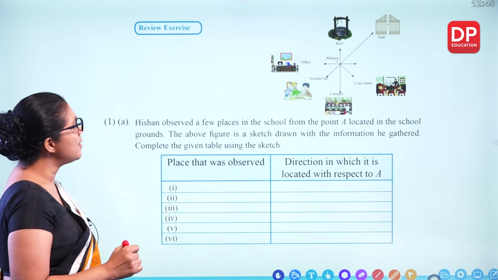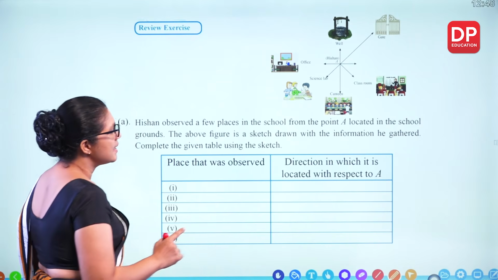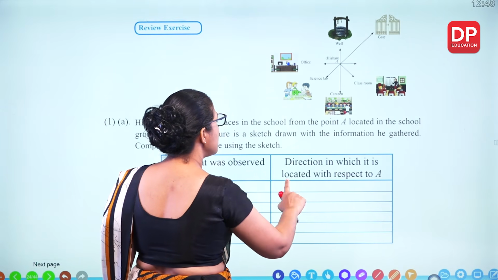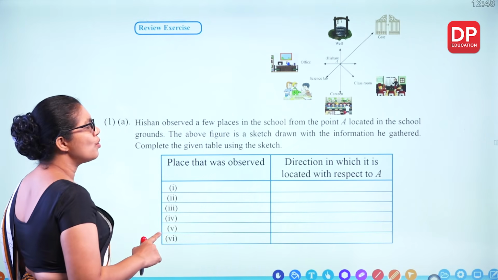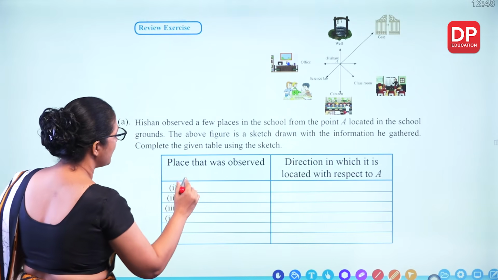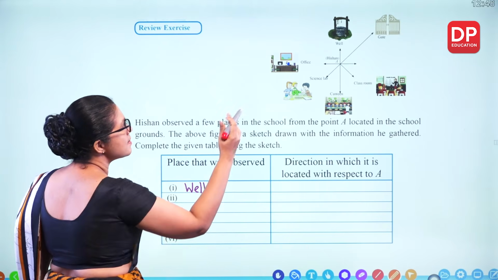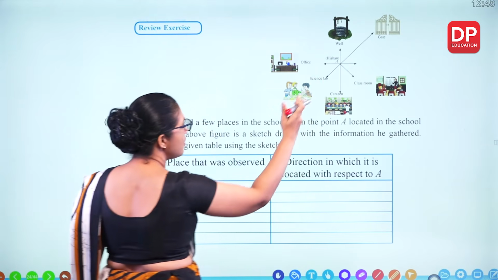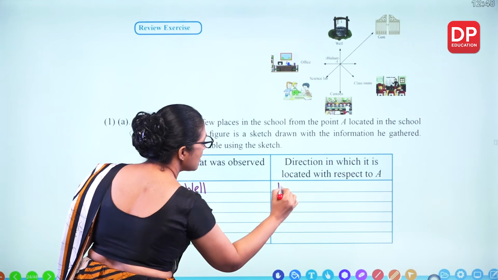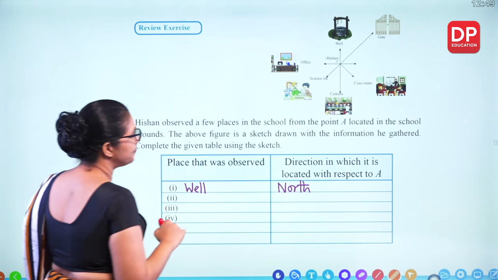Complete the given table using the sketch, with the place and the direction in which it is located with respect to A. Okay, so we'll take the first one. Well. The well is situated towards the north side, north direction compared to point A.